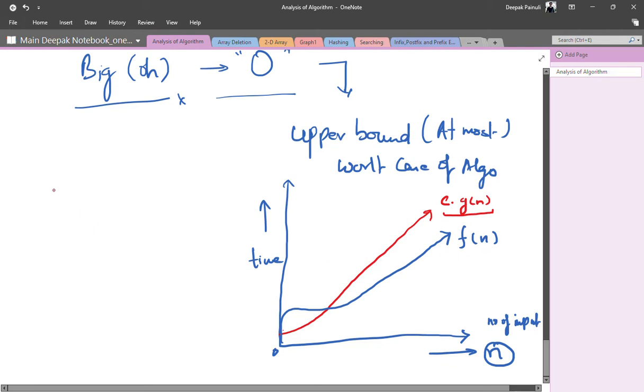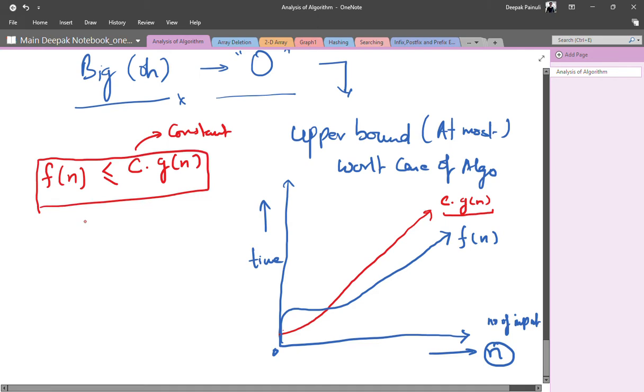So for the big O notation, f(n) should be less than or equal to c·g(n). Here c is a constant. We need to prove this for n greater than n0, and n0 is our first input, the minimal input.